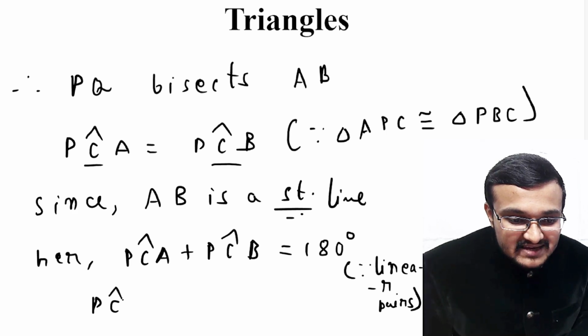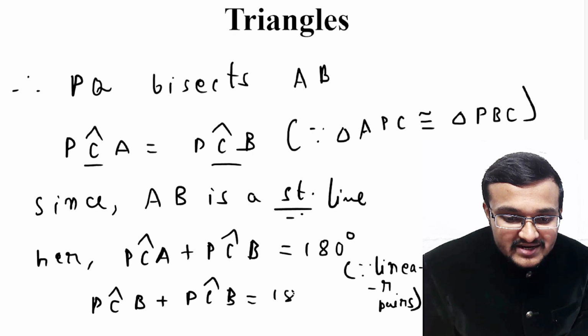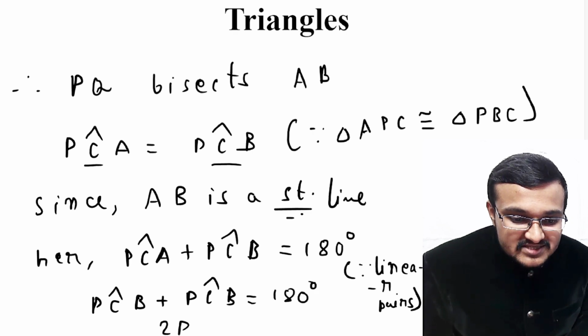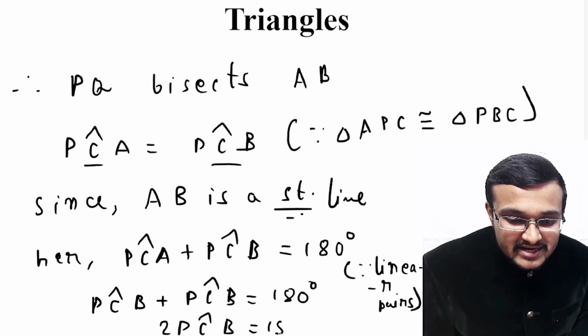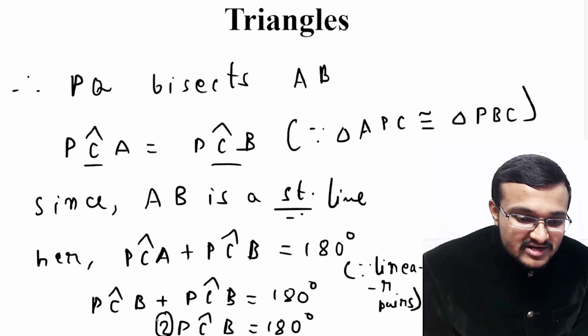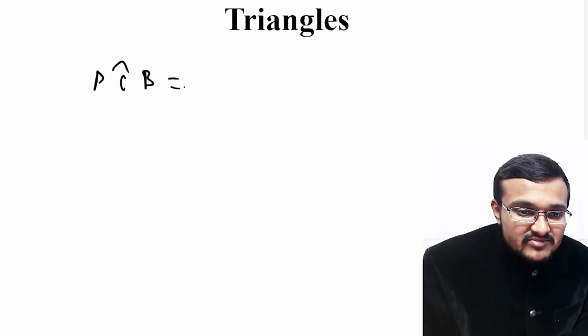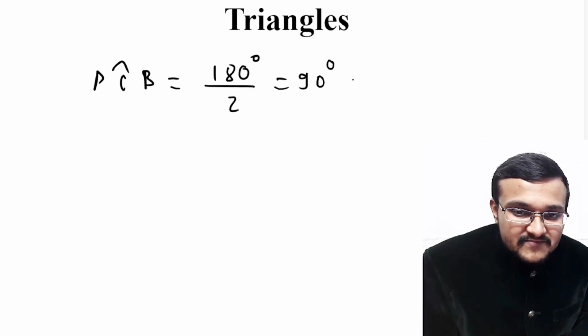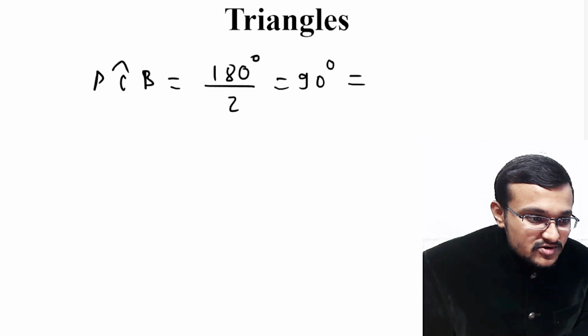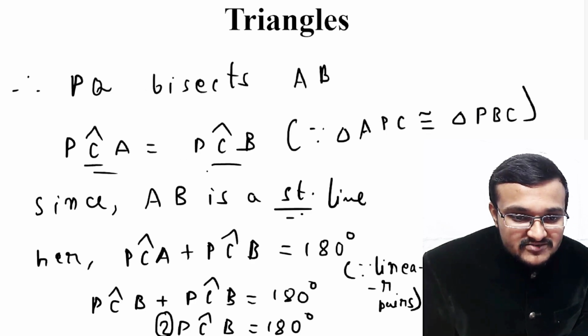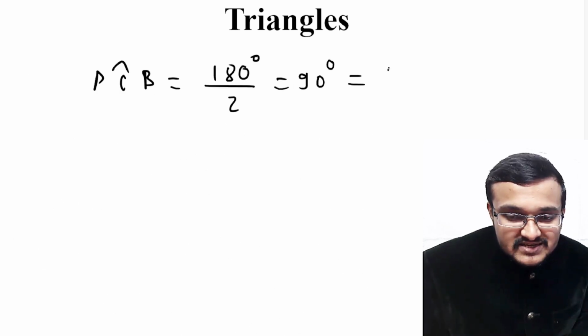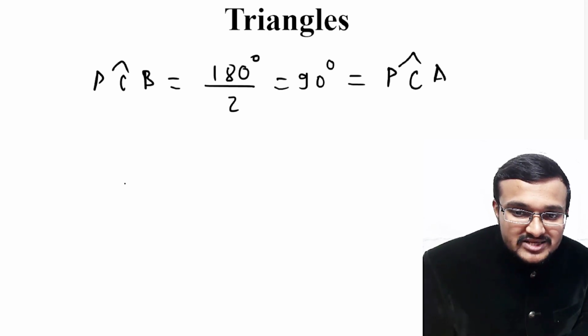So in the place of PCA, I can write PCB only. So PCB plus PCB is equal to 180 degrees. So 2 PCB will be equal to 180 degrees. This 2 you can bring to the RHS, and it will go to the denominator. So PCB will be equal to 180 degrees by 2, which is 90 degrees. And we know PCB is also equal to PCA. So PCB is equal to 90 degrees, which is equal to PCA.